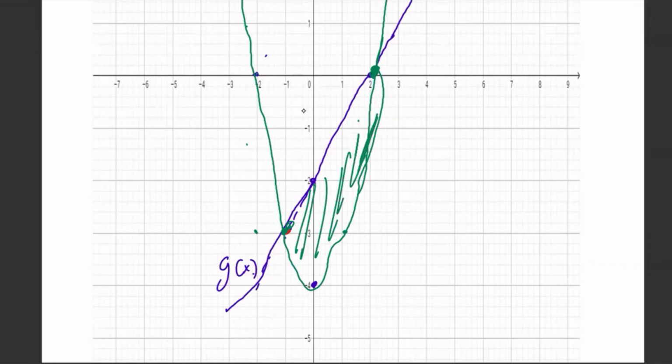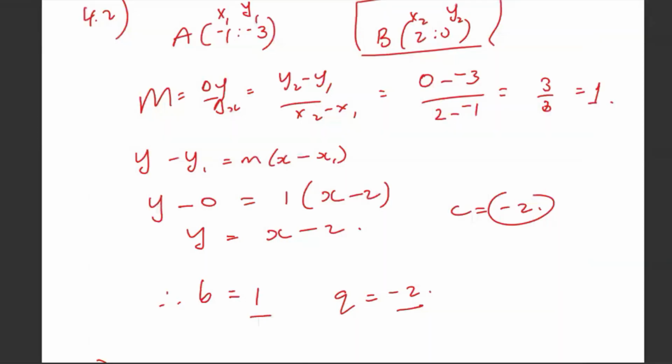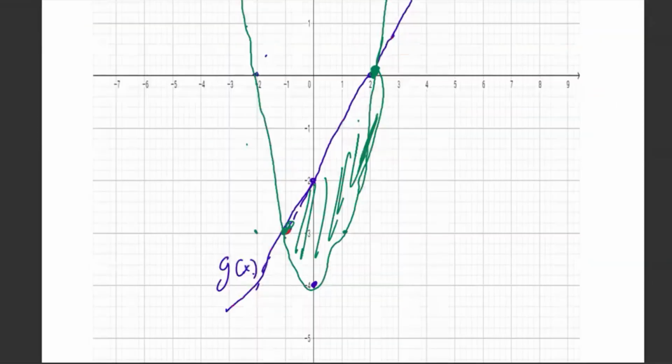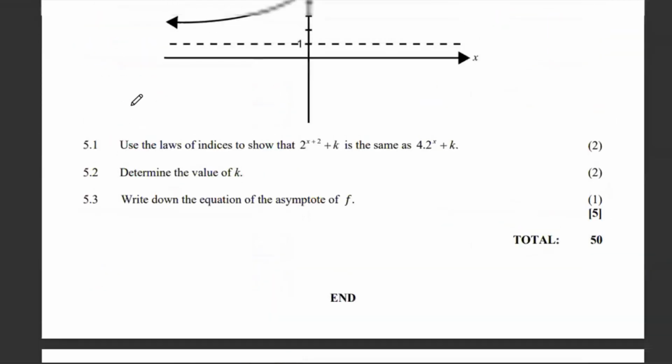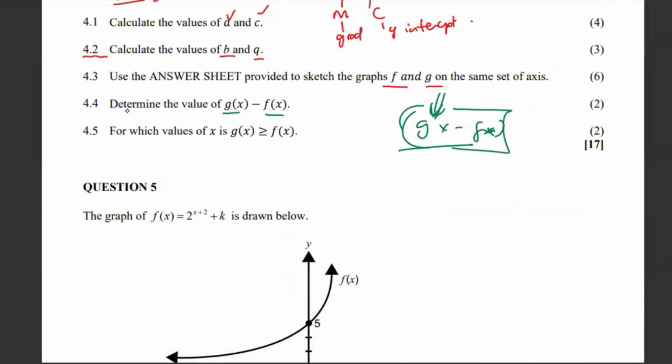So we're going to say -2 up to +2. Okay, -2 up to +2. So we're going to say -2 less than x less than +2. That's why it's less. Then where do we find g to be greater or equal to f?